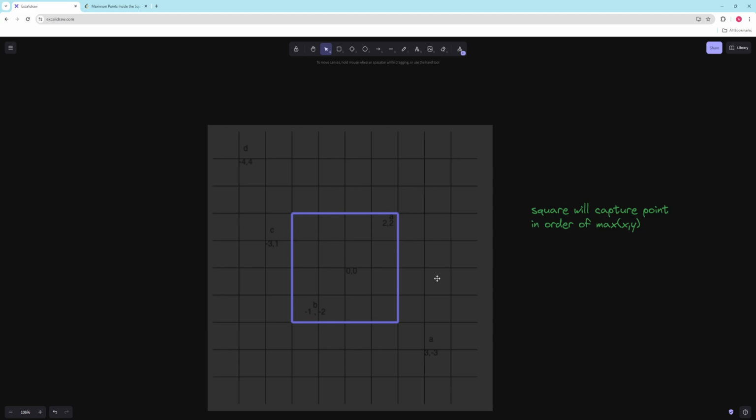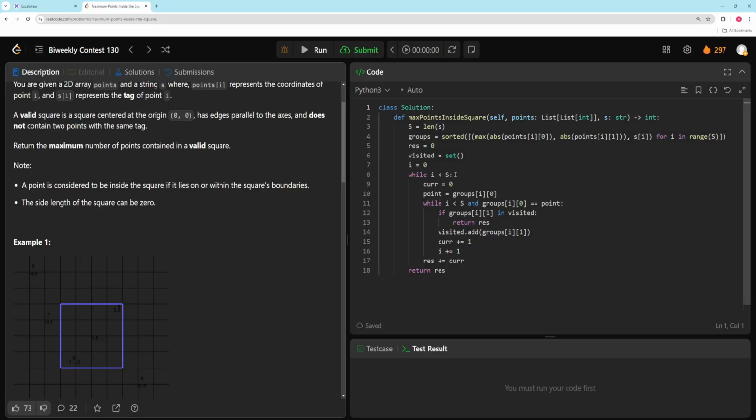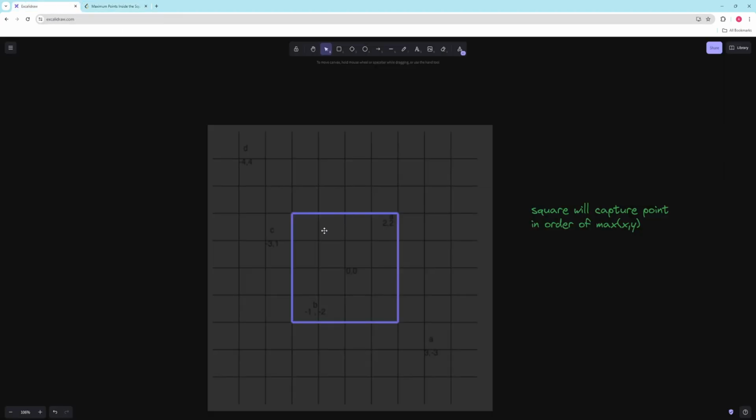So you can basically just sort your points. This is what I did. You just take the bigger of the two coordinates. So if my coordinate is 3, -3, I'll take the bigger one, and you take the absolute value of both, so here it's 3 and 3, doesn't matter. But let's say your coordinate is 1 and 1,000,000, you would say my square will get here at 1,000,000. I don't really care about the side length actually.